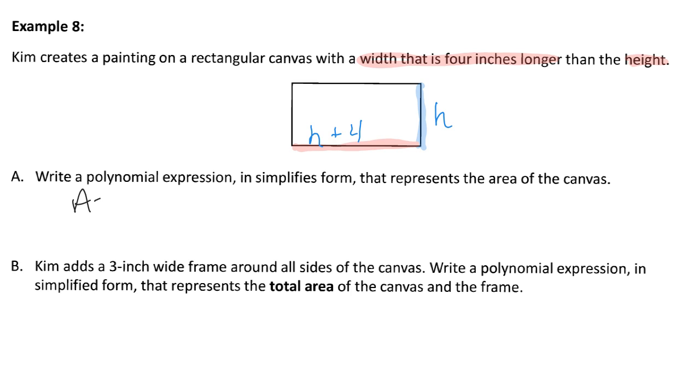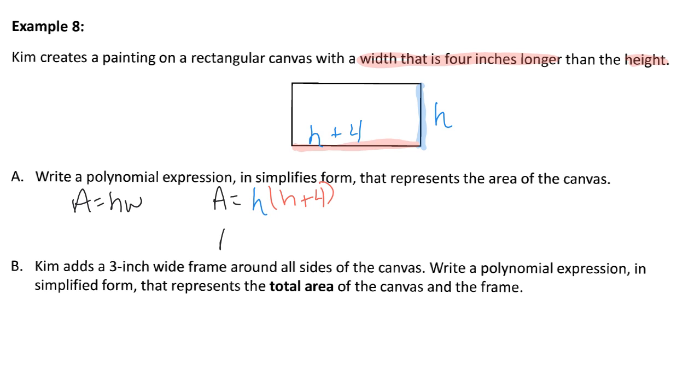So our area equals height times width. I'm going to plug this into the formula. Area equals height times height plus 4, since that's our width. And then I want a simplified version, so I'm going to simplify this.